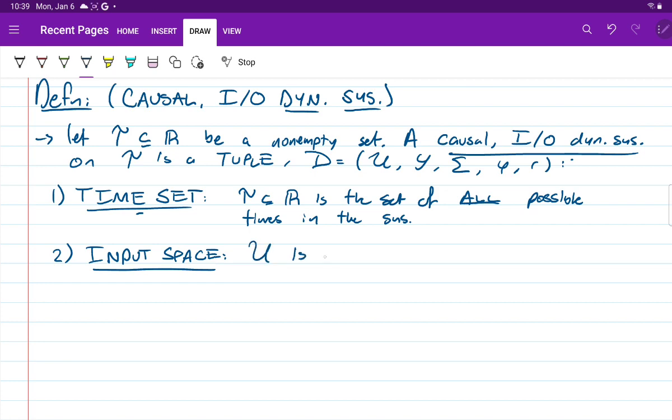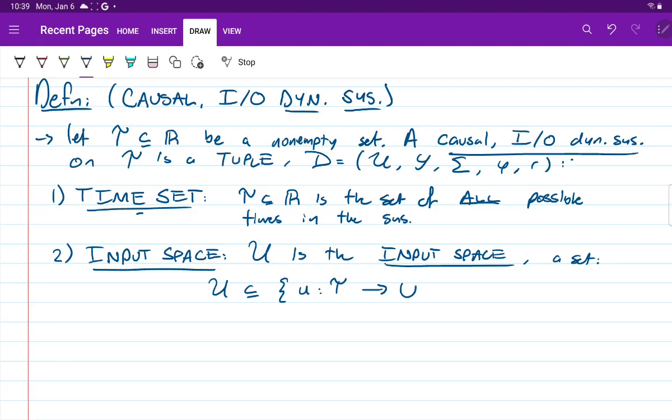It is a set which is a subset of all possible mappings, little u, from your time set T to some fixed set of input values, where U is called the input value space.